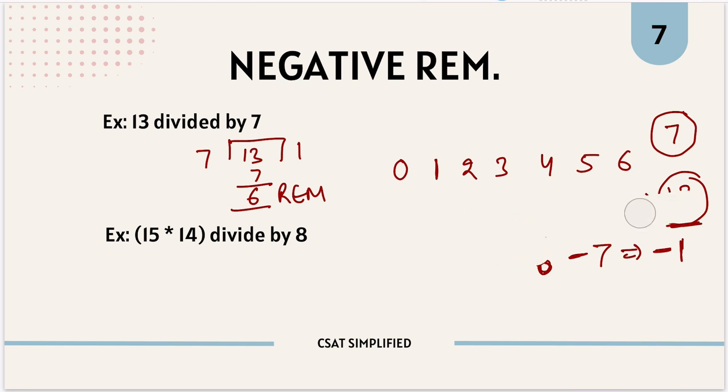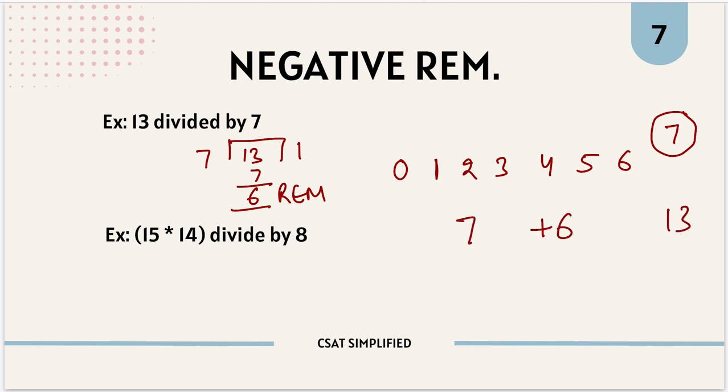Let me remove this part. So 7, 13, you are left with 6, right? So between 7 and 13 there is a gap of 6, right? If we add one more, we could have gotten 14 and the remainder would have been 0. So between 7 and 14, these are the two numbers.